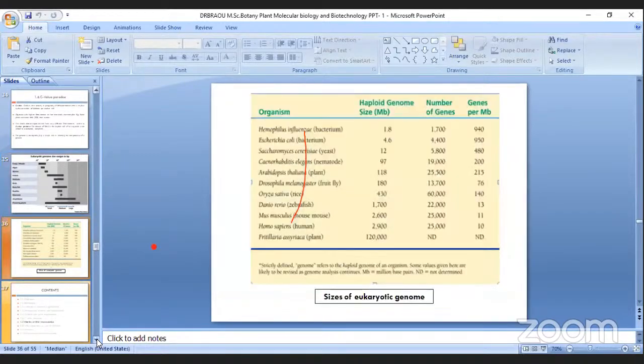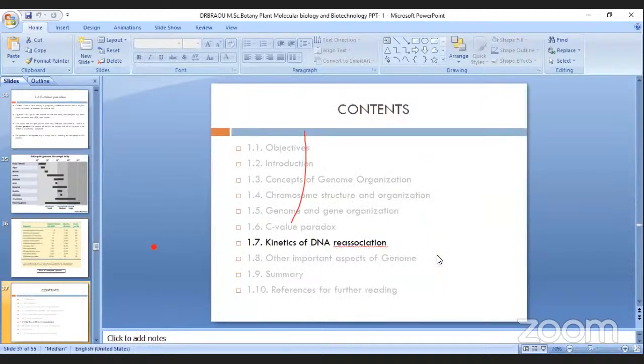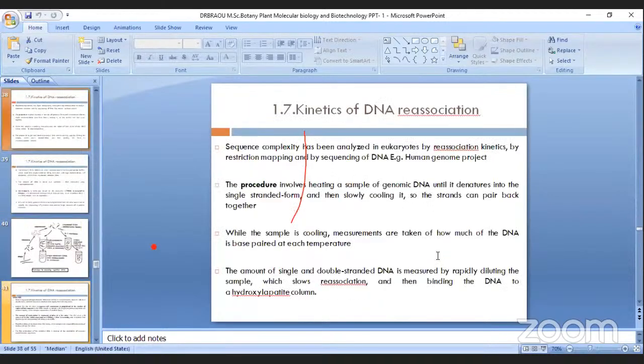And these are the sizes of eukaryotic genes, where you see bacteria has 940 MB and Homo sapiens has 10 genes per MB. So it varies.